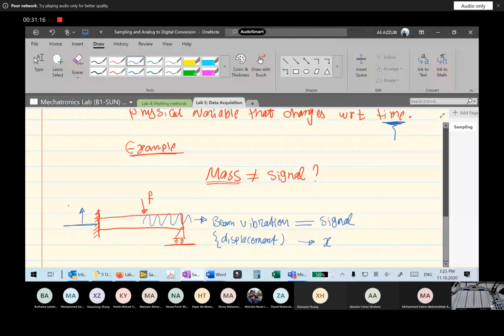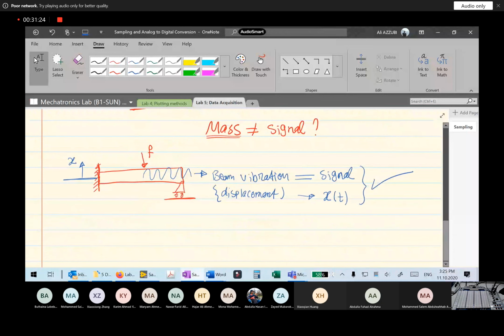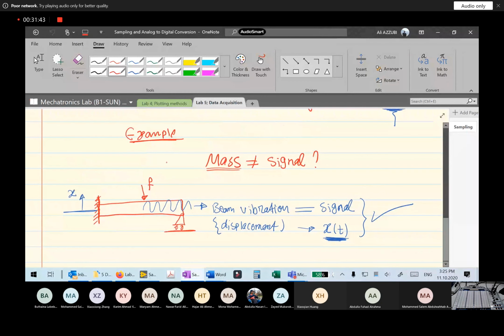Now x will be a function of time. So basically this is truly a signal, simply because it is changing with time. Even though I'm not measuring this distance or the vibration, as a mechanical variable it is considered a signal. Temperature: say you have engine temperature.